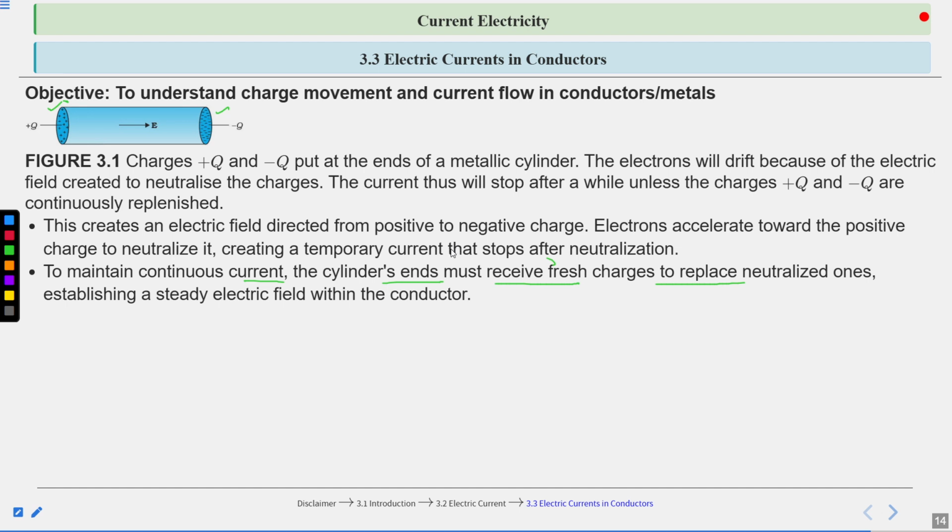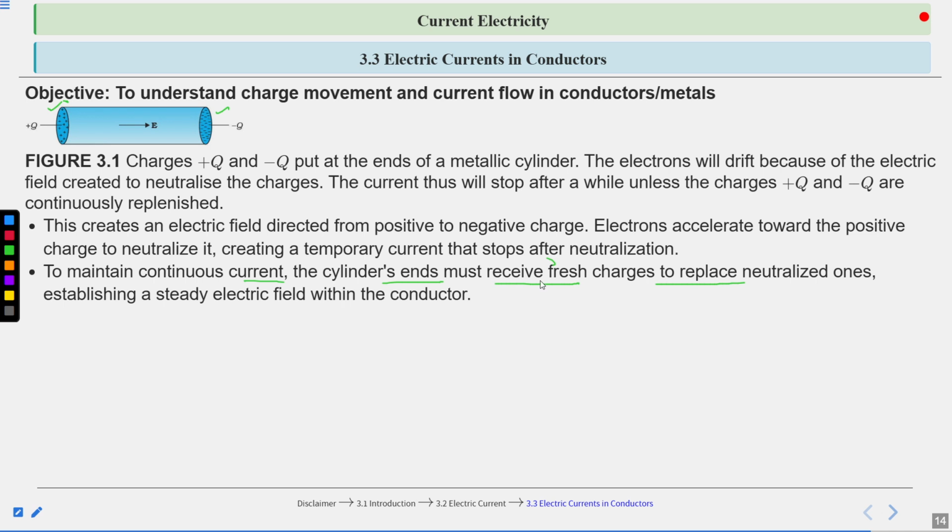After some time, when we use the cell, that chemical reaction begins to stop. When this chemical reaction stops, the accumulation of charges also stops, meaning there is a cut in receiving fresh charges from the chemical reaction.